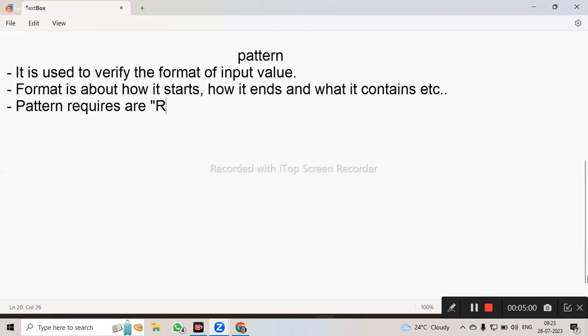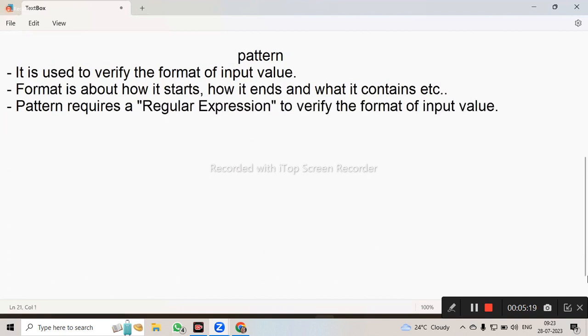To verify the format of an input value, pattern requires a regular expression. So we need to write pattern is equal to some regular expression.